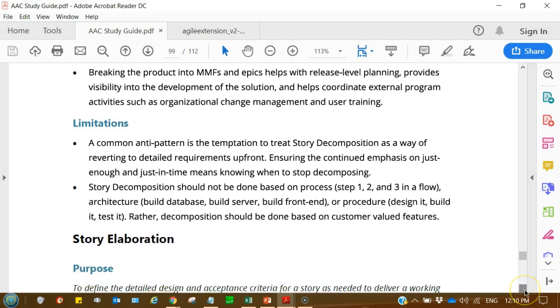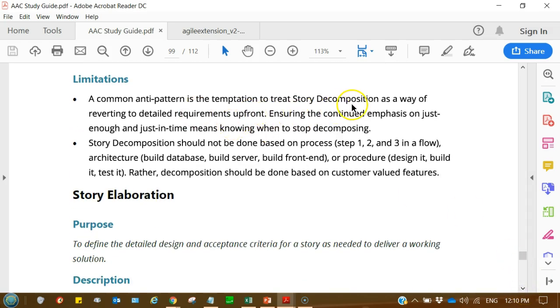I love this, the anti-pattern of saying we're doing story decomposition and just using that as a way to get into the level of detail too early on.